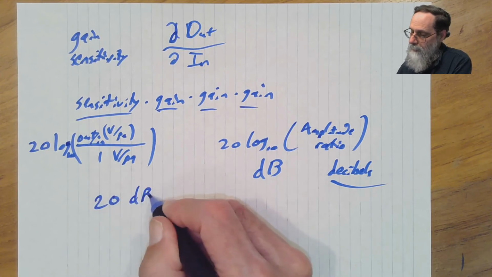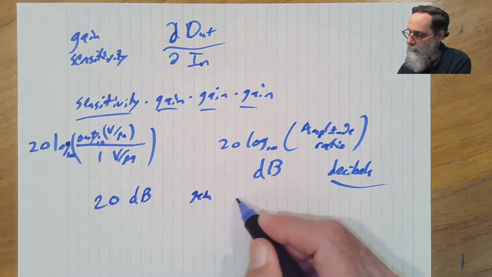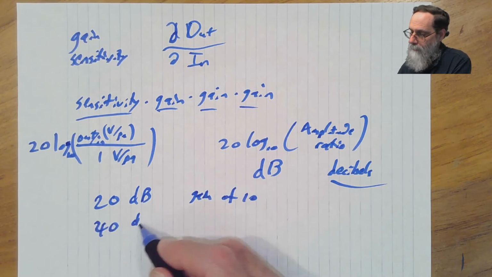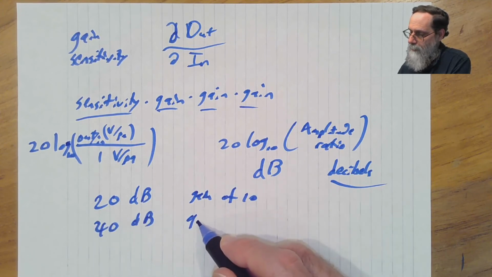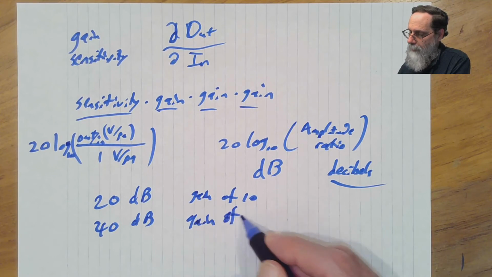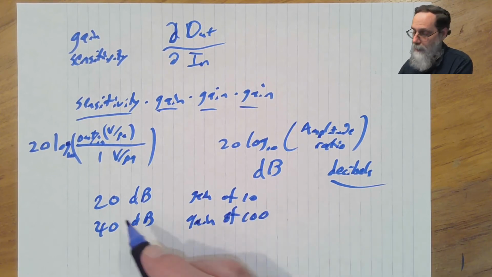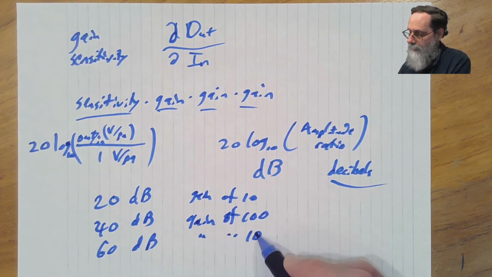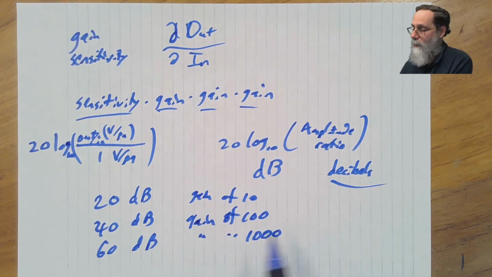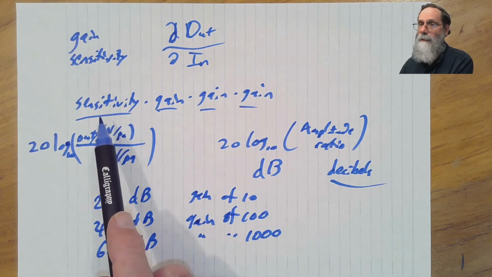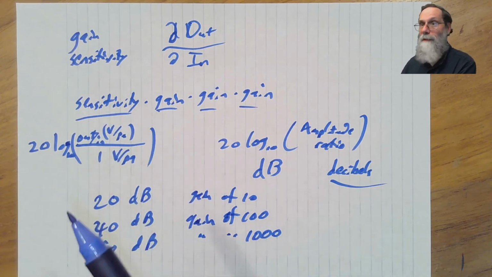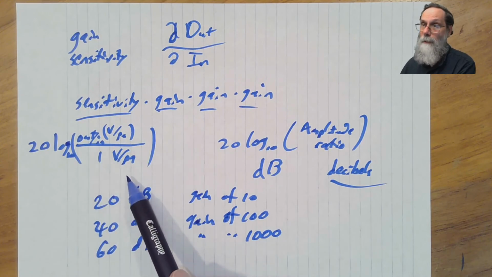20 dB is a gain of 10. 40 dB is a gain of 100. 60 dB, a gain of 1,000. So you can take the sensitivity, maybe it's expressed as minus 47 dB relative to 1 volt per pascal.